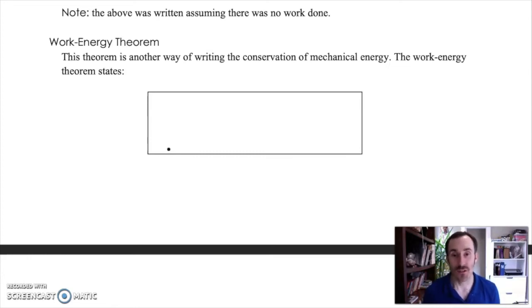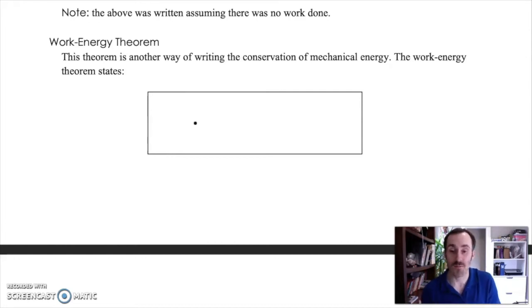Okay, so the example I gave you about my friend bombing down the hill, some energy was lost due to friction. Friction transformed that energy into heat. We would say that the friction did work on the person because it caused a change in energy. So the conservation of energy formula there assumes that there is no loss of energy or no gain of energy due to an external force.